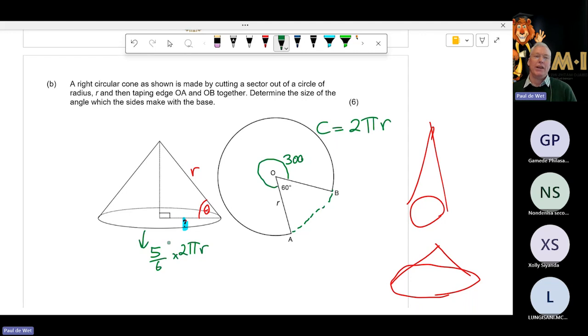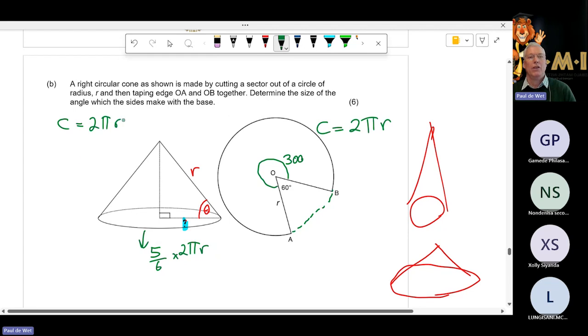That's the circumference. How do you get from circumference to radius? Remember, circumference is 2 pi r, so if we divide both sides by 2 pi, the radius is the circumference over 2 pi.